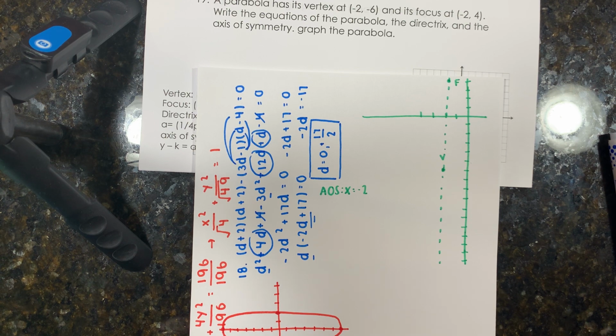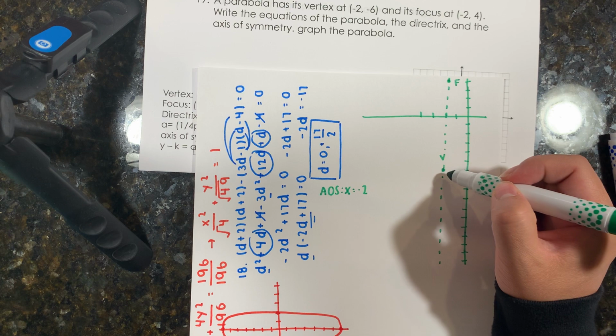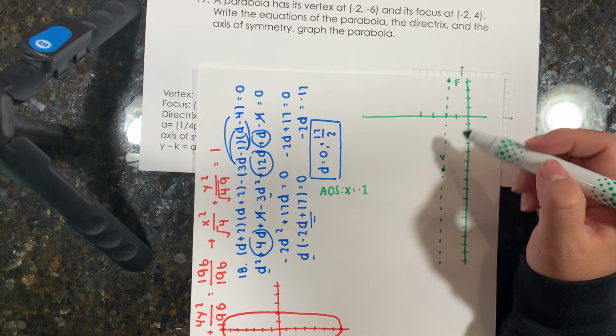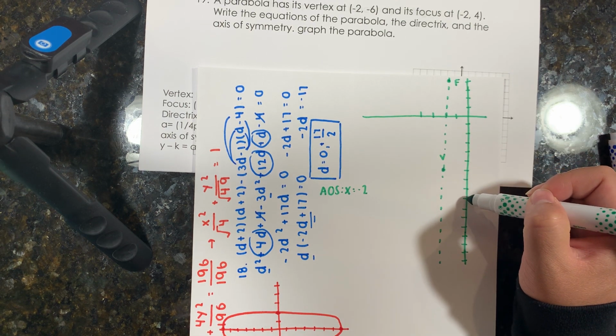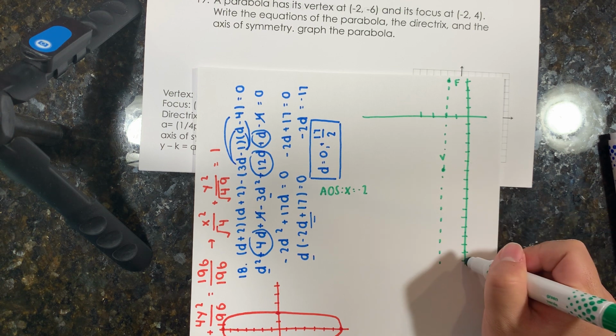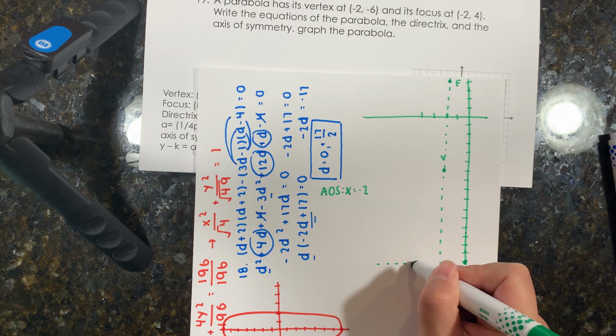Now for my directrix, it's going to be the same distance away as the vertex to the focus. So there's currently 10 spots between the vertex and the focus. I'm going to go down 10. Should be here, and I'm going to put a horizontal line.